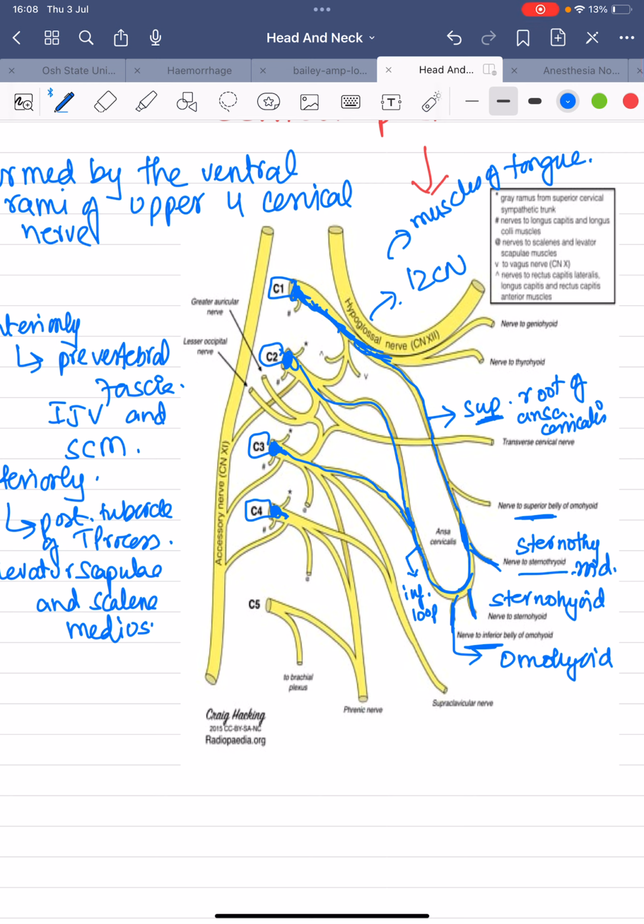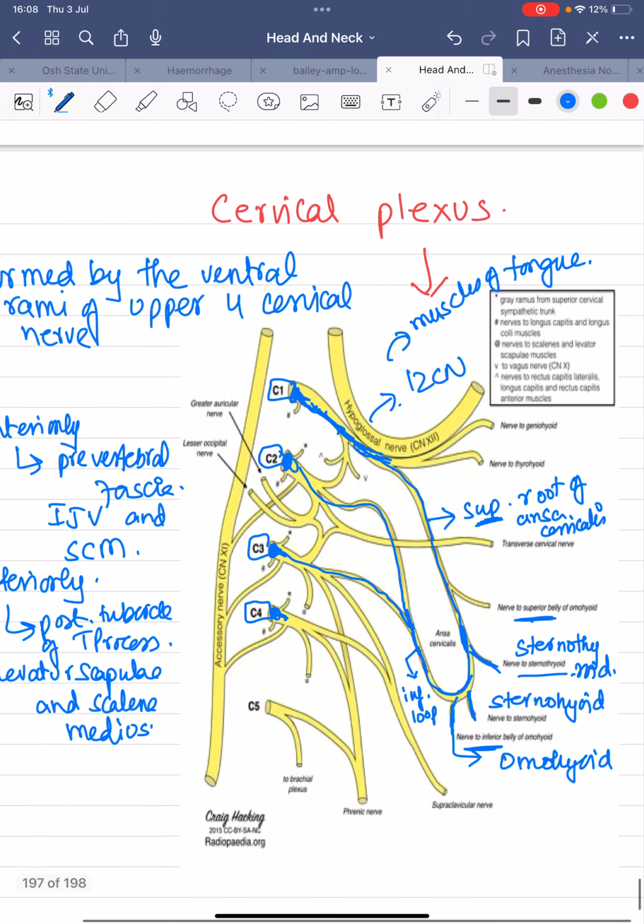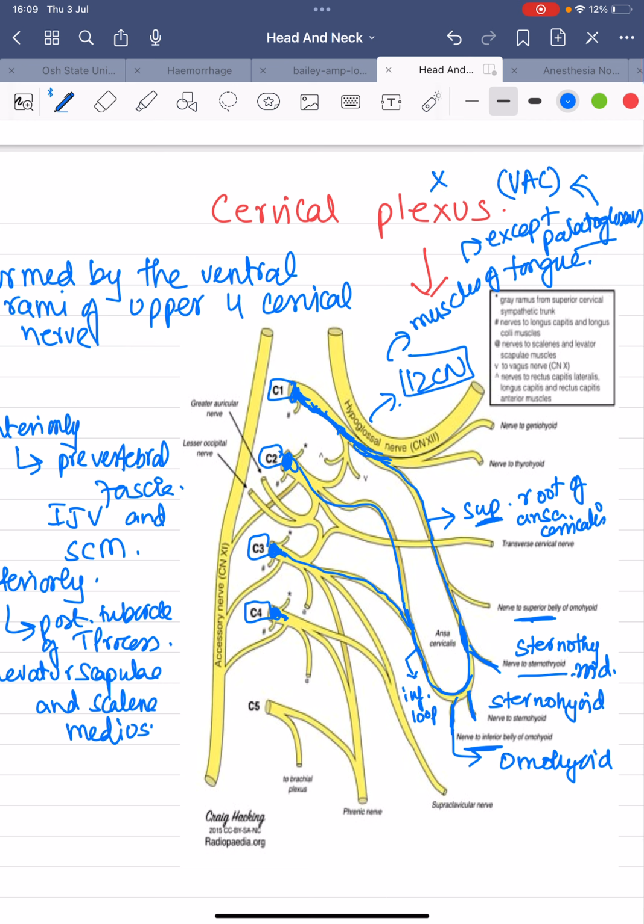One thing please remember, all the muscles of the tongue are innervated by the 12th cranial nerve, except one muscle, the palatoglossus muscle. The palatoglossus is not innervated by the 12th cranial nerve; it is innervated by the vago-accessory complex, or in simple terms you can write it as the 10th cranial nerve, the vagus nerve.